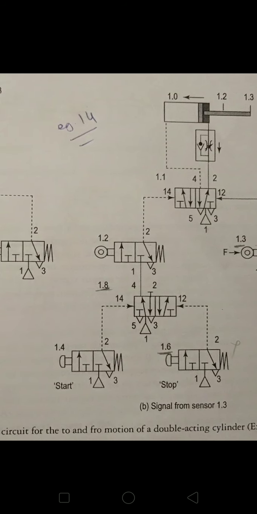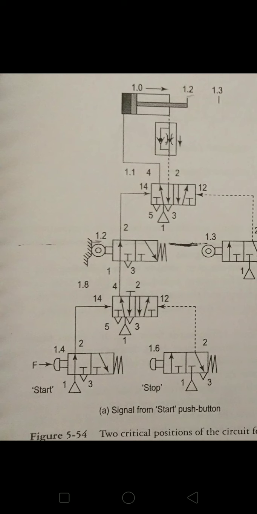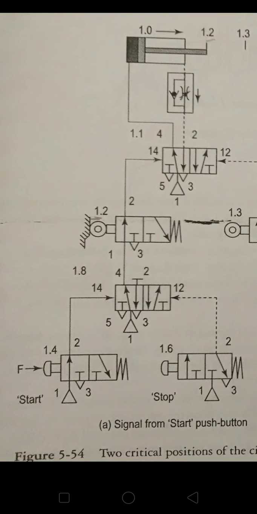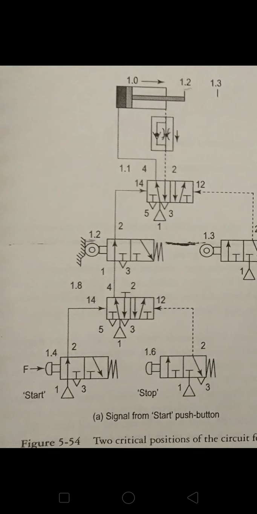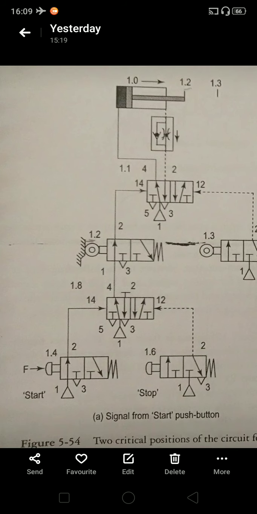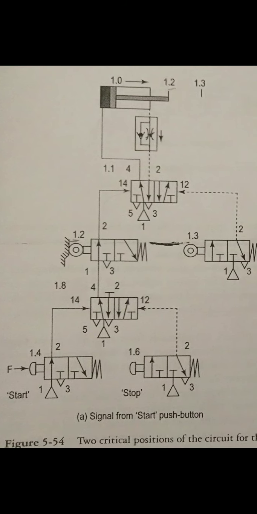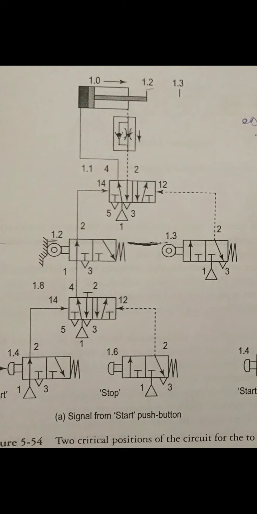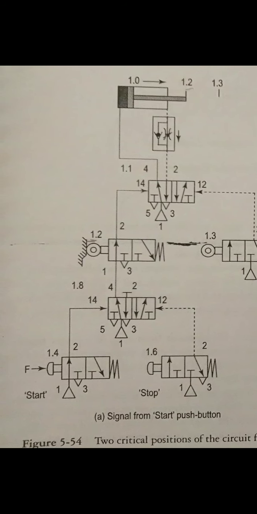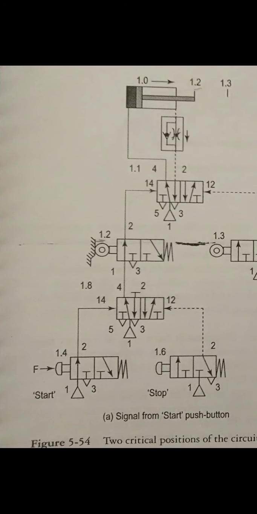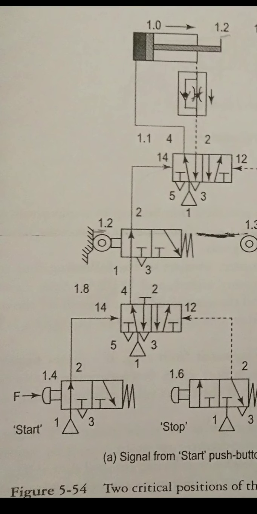So there is a start button, which is 1.4, and a stop button, which is 1.6. At 1.4 you will get a start button, which is a 3/2 push button DC valve. Again 1.6 is a stop button, again a 3/2 DC valve. When the start button gets a signal, 1 is connected to 2, and 2 is connected to 14, right?